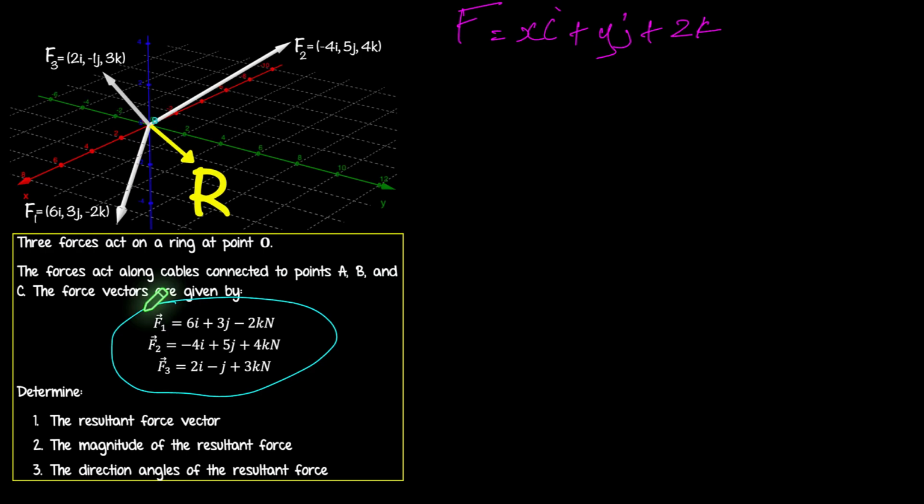So for our resultant along the x, what we have here is 6i in F1, and we have negative 4i for F2 and plus 2i for F3. Now 6 take 4 and plus 2, that leaves us with 4i.